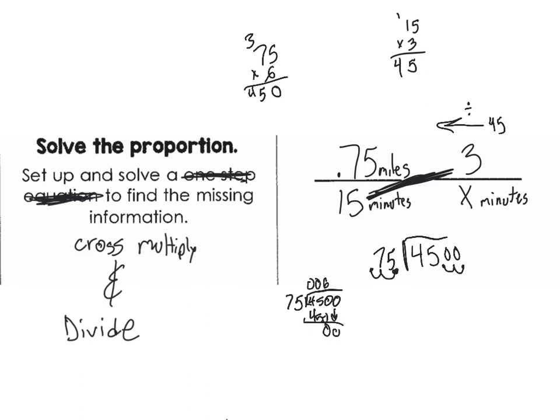Now we have to bring that 0 down. 75 goes into 0 times. So our answer is 60. So that tells us that x equals 60 minutes. Meaning for 3 miles, it will take us 60 minutes.